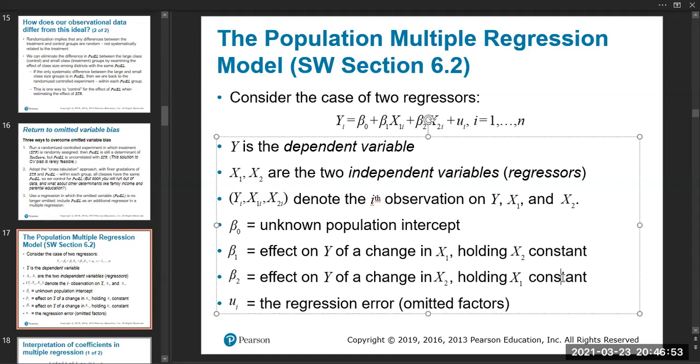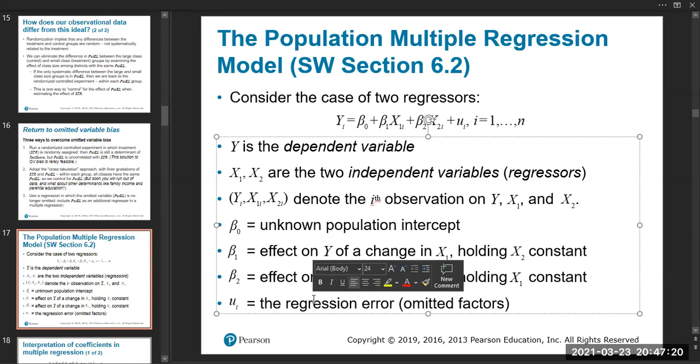So if you want a causal effect, you have to hold all the other things constant. Multiple regression enables you to do that. It enables you to hold other things constant while changing just one unit of the thing you want to change, in this case, student-teacher ratio.